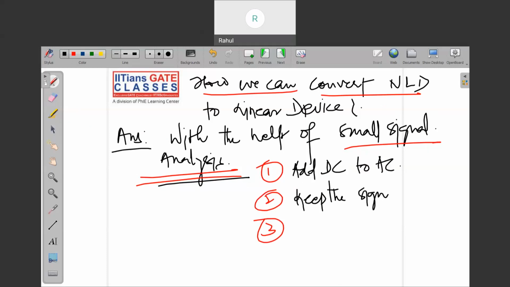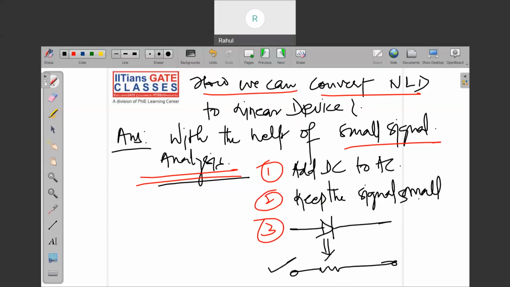Keep the volume of the music very low, keep the signal small, and then convert the diode from non-linear to a resistance. Now the question is, what is the value of this R AC?